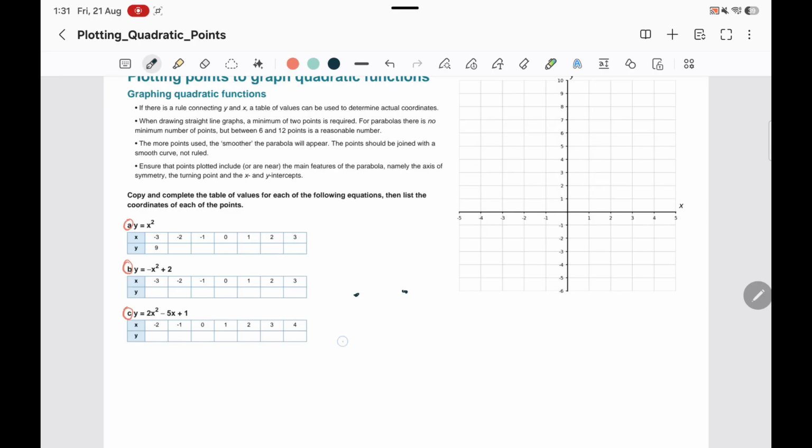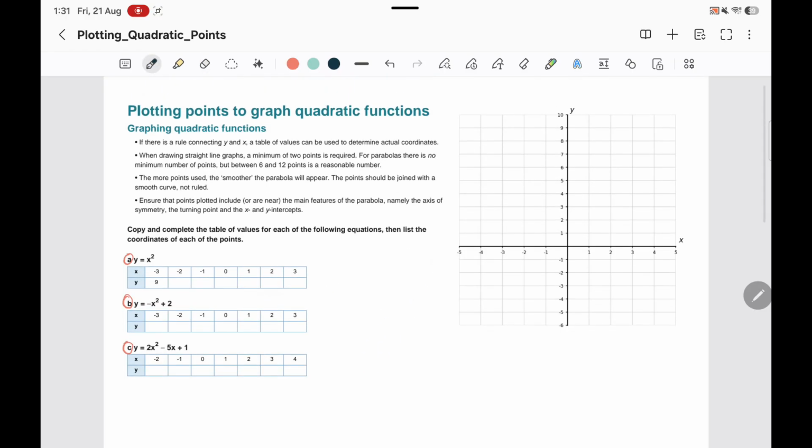It could be like this or this or this. There could be so many possibilities. So just knowing 2 points isn't enough to graph quadratic functions.